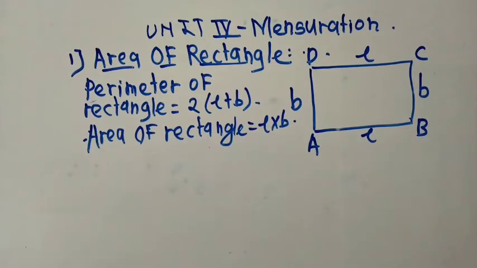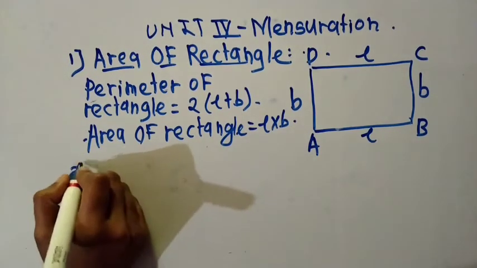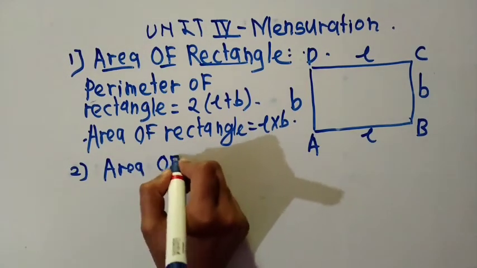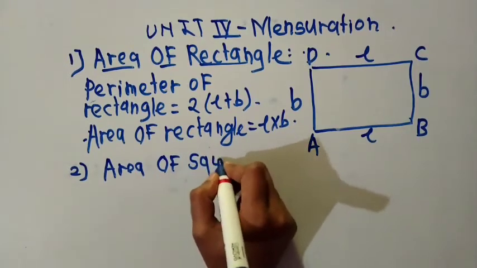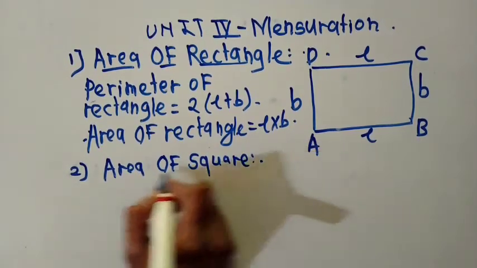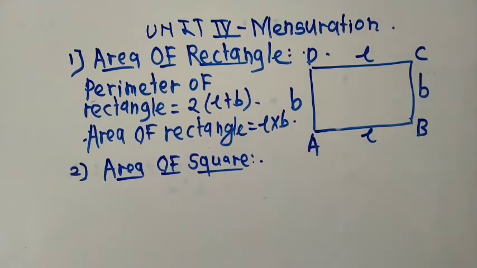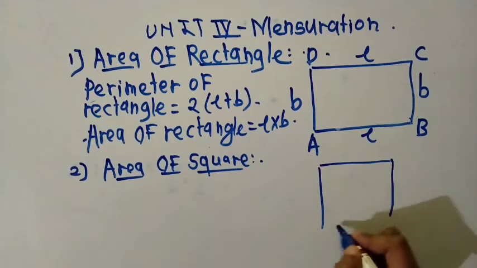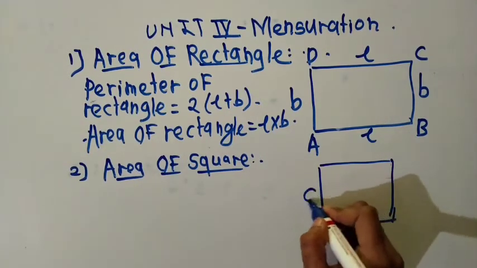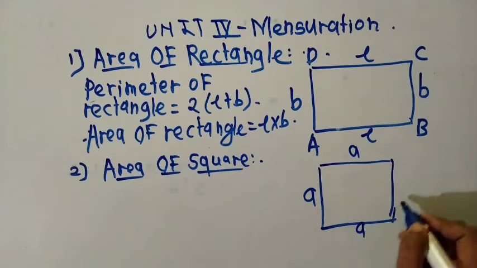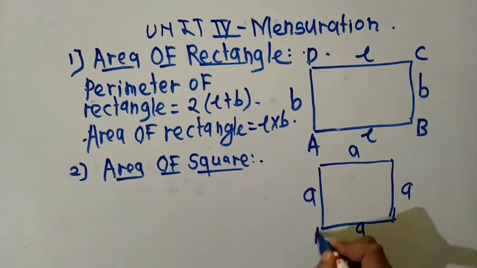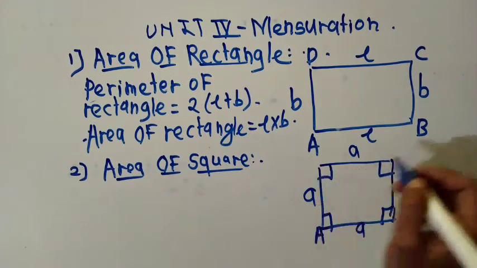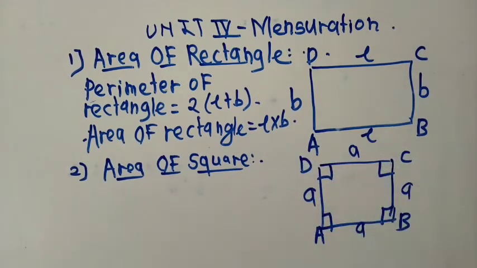Then second is area of square. How to find out area of square? Suppose this is the square, as all sides are same, A. This is ABCD, ABCD is a square.